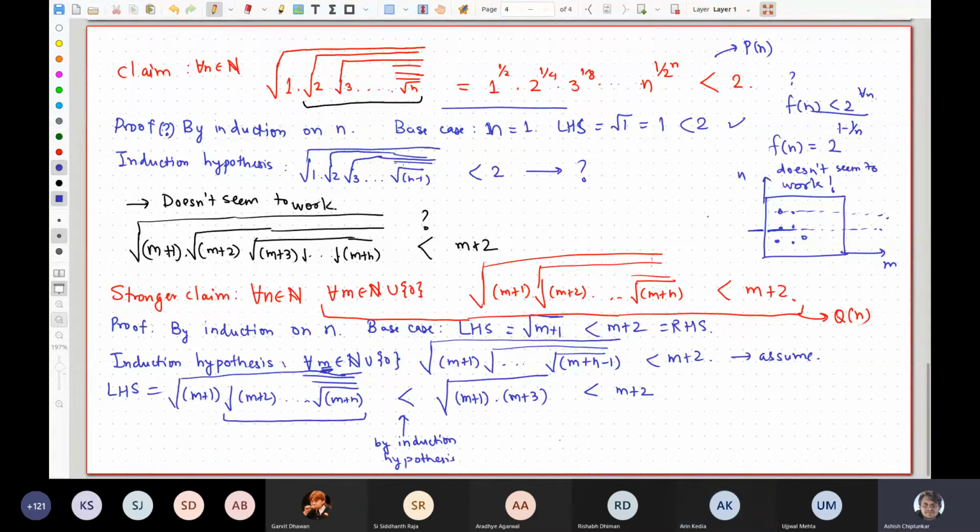You can just simply expand it, square it, cancel out terms and get something. Yes, sir. I will square both sides and show that m plus 1 is greater than 0. I see. Yeah, I get your idea. Yeah, possible. So either use AM-GM or just square both sides.